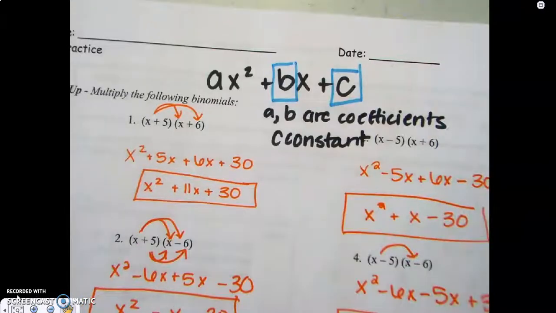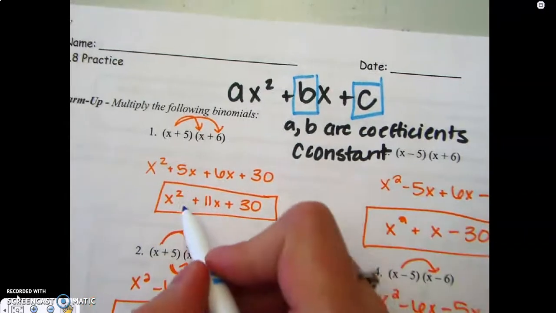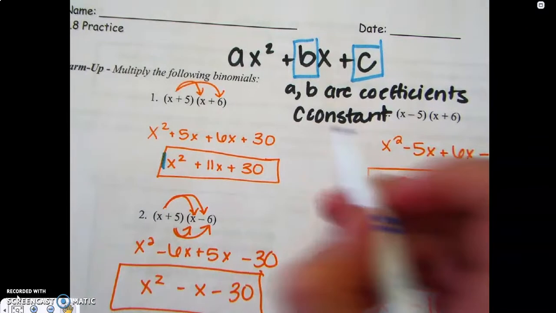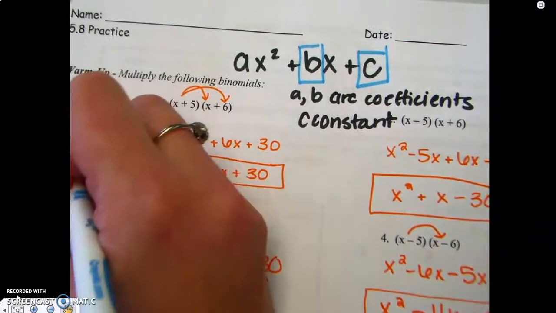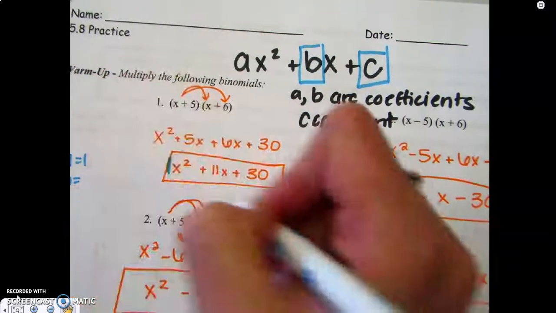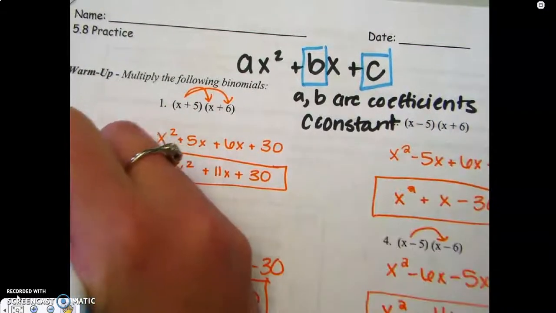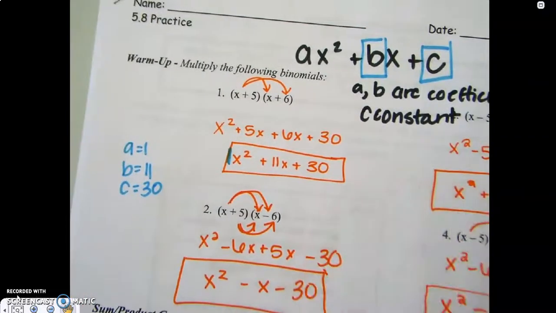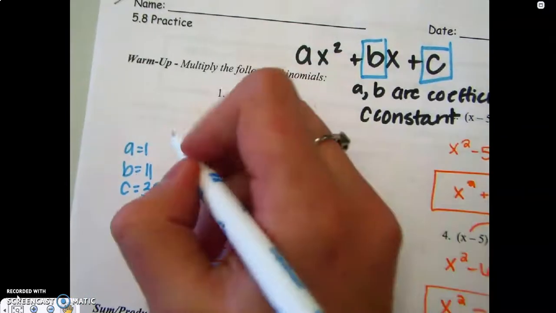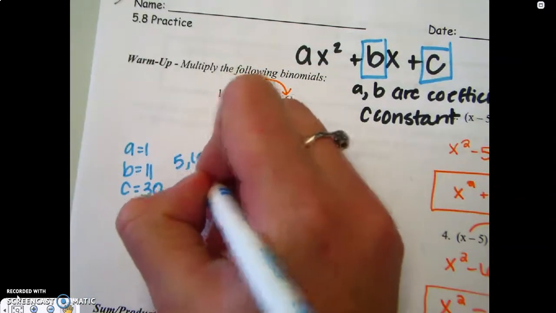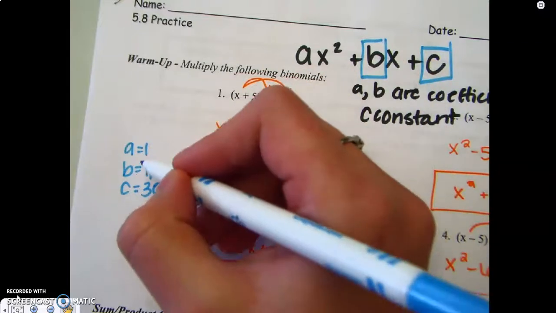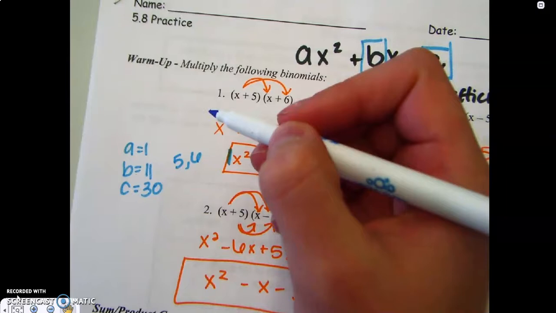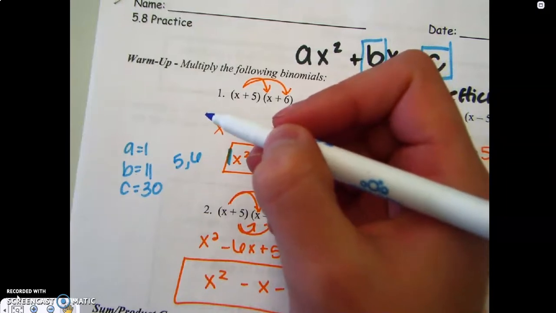Okay, so if we look at this trinomial here, my a is 1. That's the coefficient on that number. My b is 11, and my c, or my constant, is 30. Now I want to ask you, what do positive 5 and positive 6 have to do with 11 and 30?